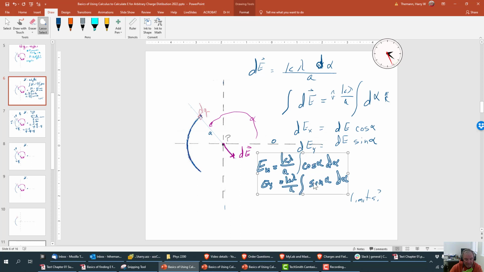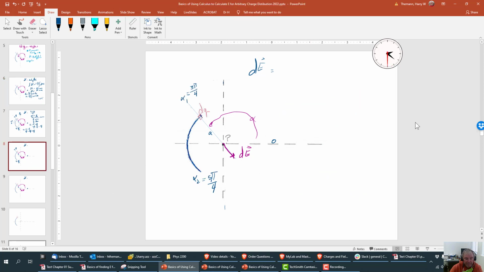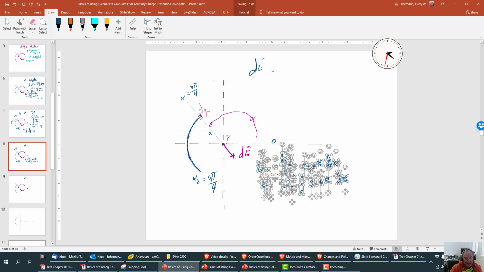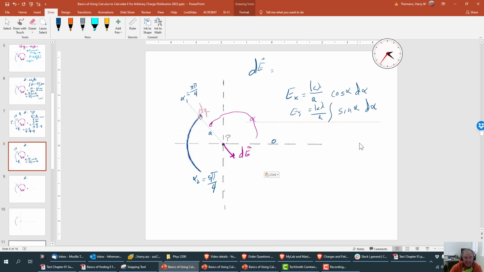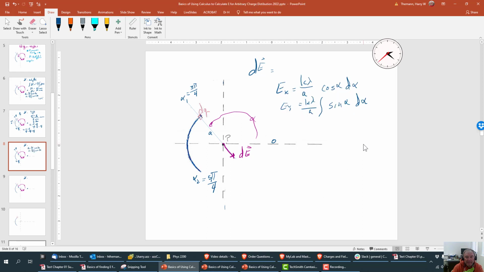And I'll just add that, Control C, Control V. Oh, what a mess that is, huh? Let's put it up here. All right. So we got our integrals. We got our k lambda. We got that.